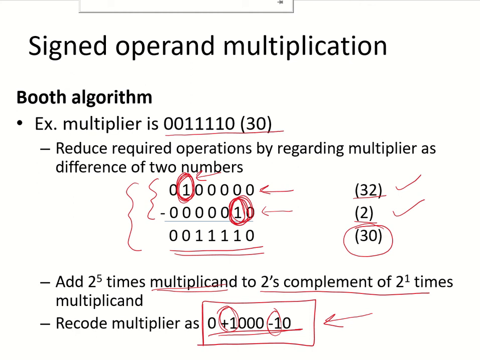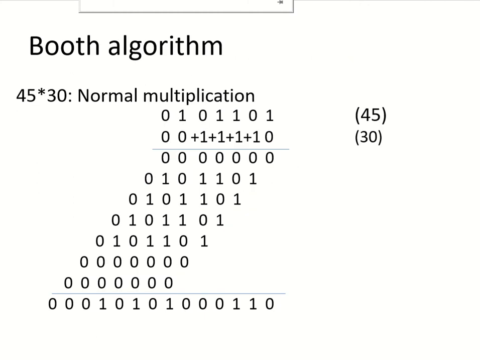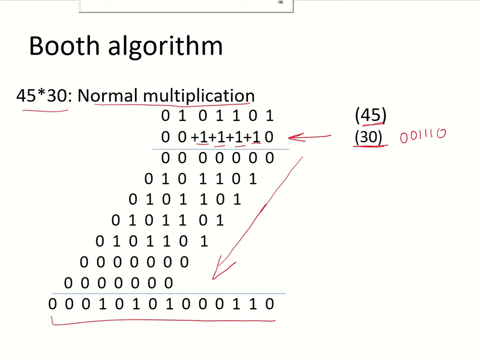So I will take an example to show you how this happens. In case we had a normal multiplication where we were multiplying 45 with 30, 30 is represented as 0, 0, 1, 1, 1, 0. And a normal multiplication, as explained earlier, would have implied adding 45 4 times, a shifted version of 45 being added 4 times to get the final result.